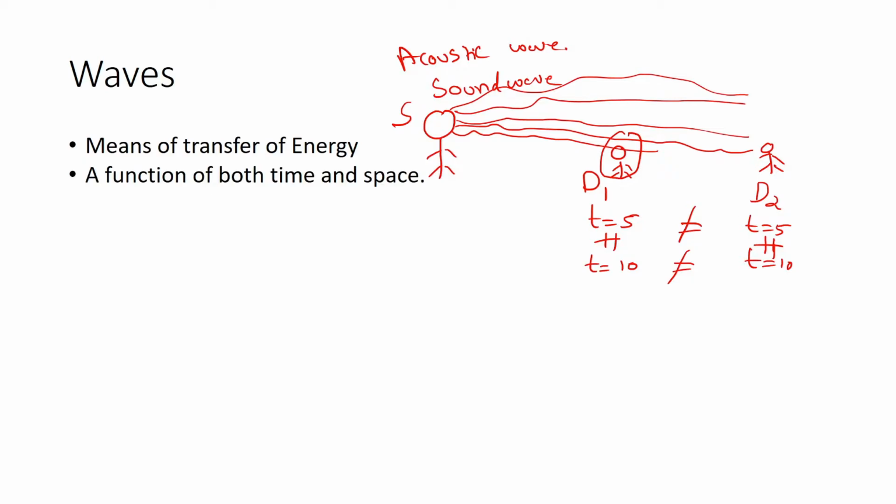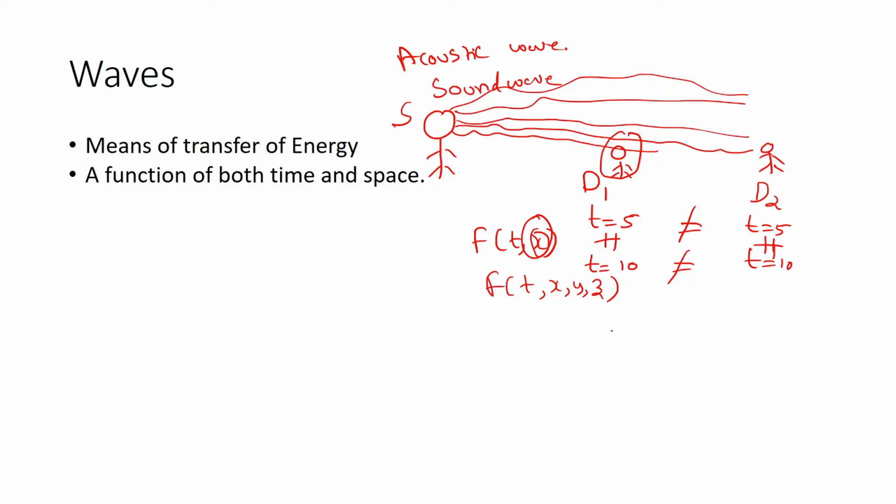Thereby, they say a wave is a function of time and space. Here, I am writing just one variable, but it can be of multiple variables x, y, z, depending upon the dimensionality of the problem. But for our initial discussion, let us just keep a one dimensional problem, therefore only one variable to represent space.